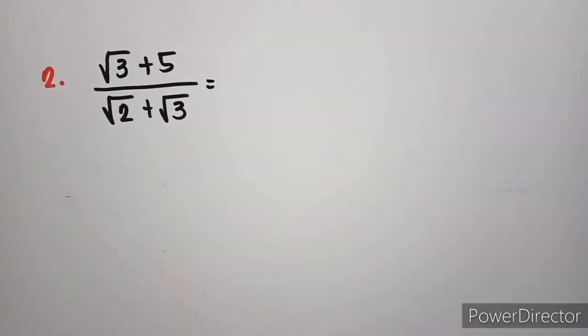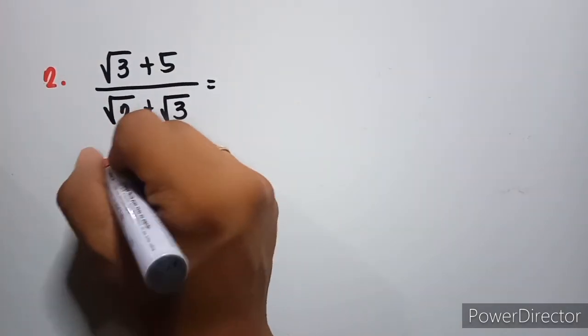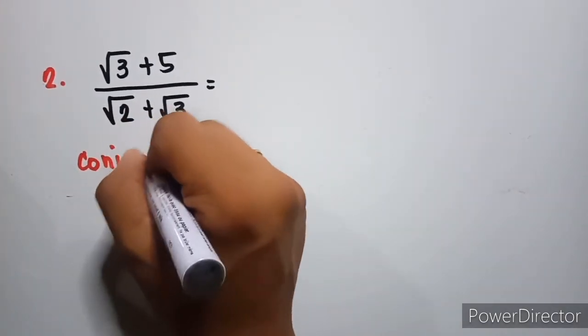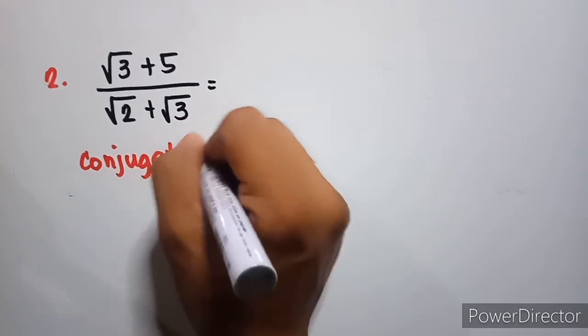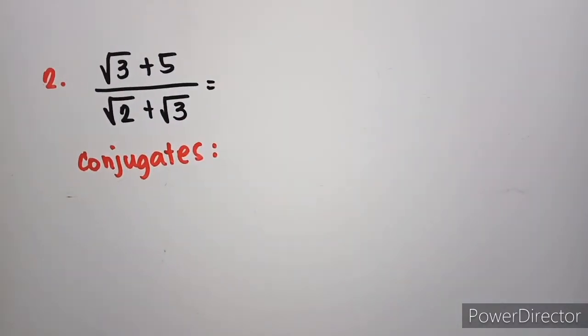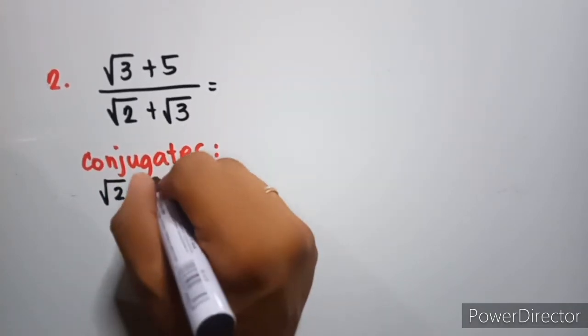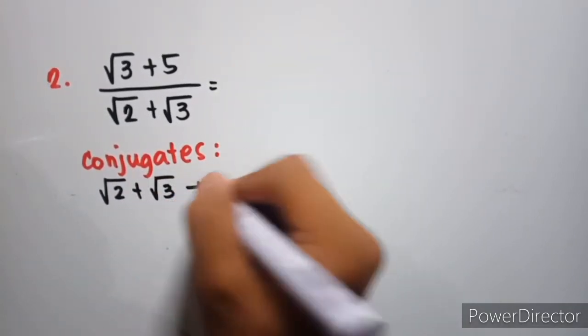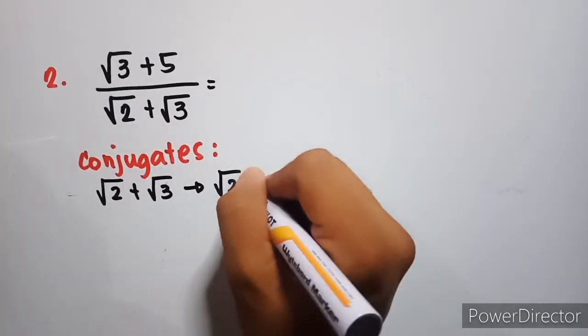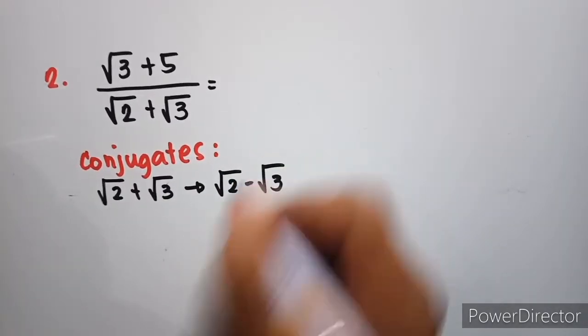Square root of 3 plus 5 over square root of 2 plus square root of 3. So again, we are going to look for our conjugates. So, given denominator is square root of 2 plus square root of 3. Then our conjugate is square root of 2 minus square root of 3.